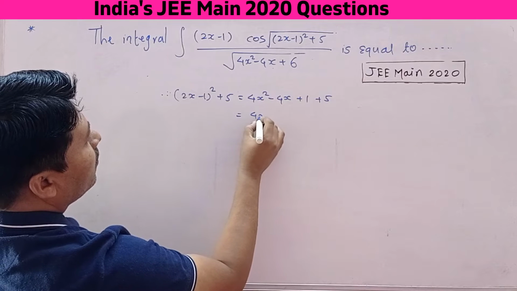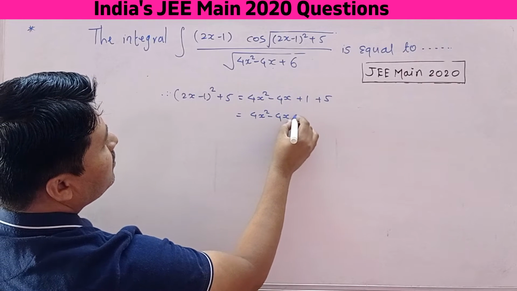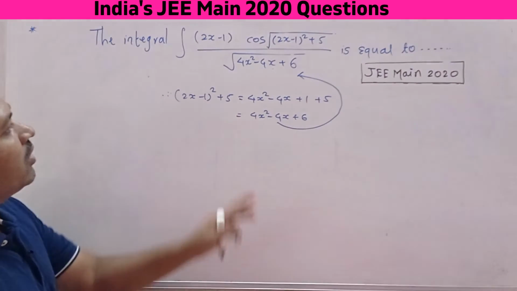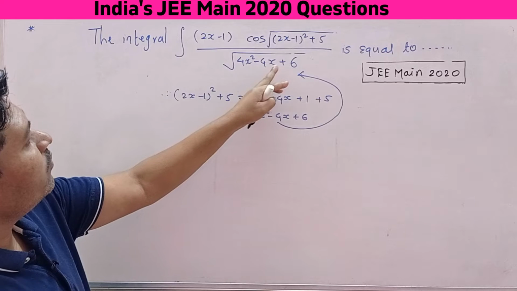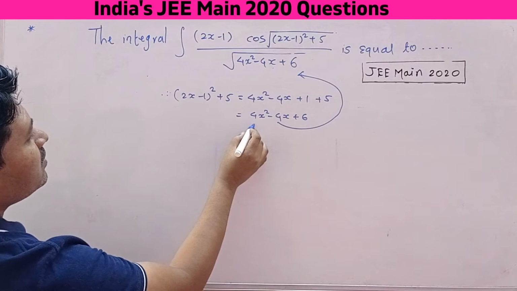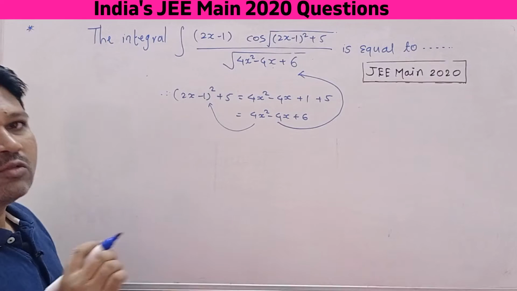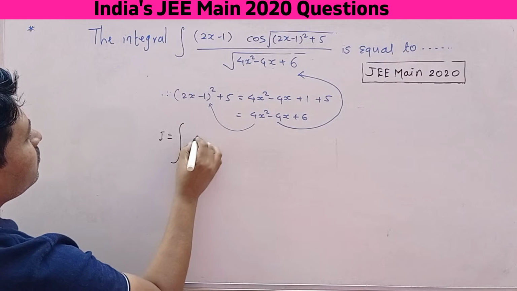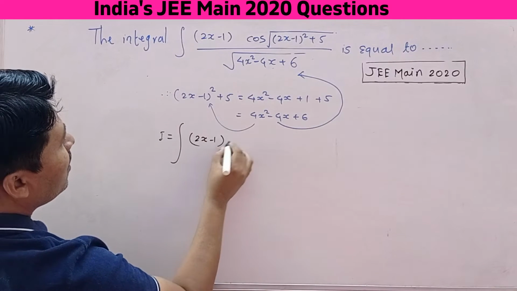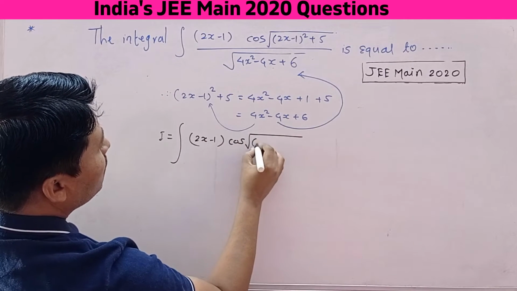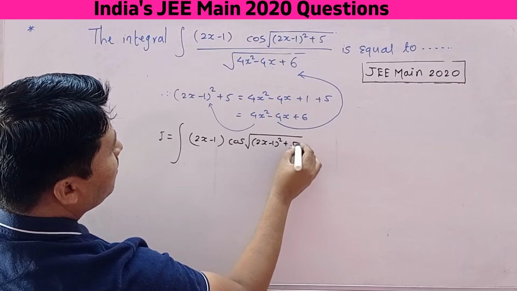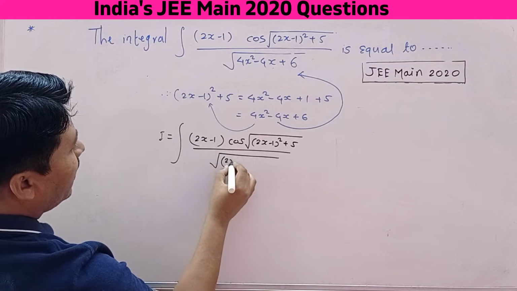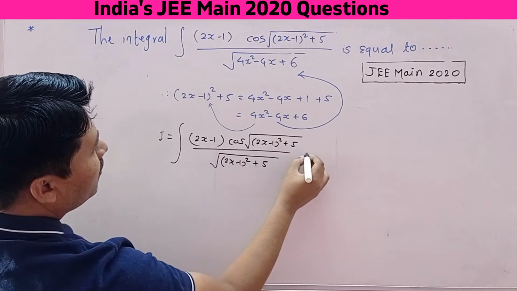Therefore we get 4x squared minus 4x plus 6, and this term is represented in the denominator. So we can replace it in terms of (2x minus 1) squared plus 5, and therefore this integration becomes (2x minus 1) cos of the square root of ((2x minus 1) squared plus 5), divided by the square root of ((2x minus 1) squared plus 5), dx.